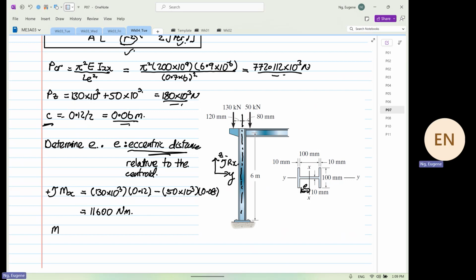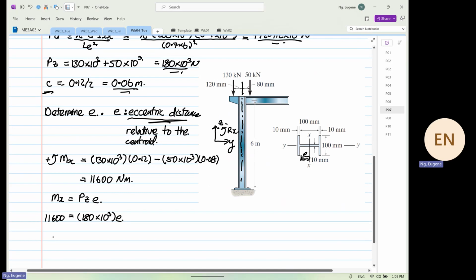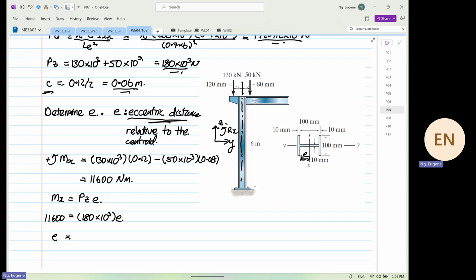We know moment about X is equal to PZ multiplied by E. PZ we calculated as 180 times 10 to the power 3, and MX is 1,600. So E equals 1,600 divided by 180 times 10 to the power 3, which is 64.444 times 10 to the power minus 3 meters.